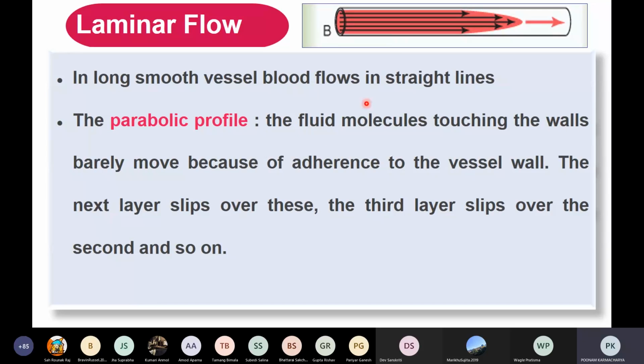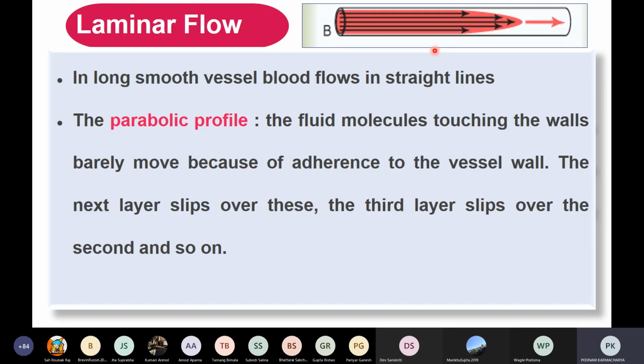The fluid which is touching the wall, right? They barely move because of adherence to the vessel wall, right? And the next layer slips over this, and the third layer slips over the second, and so on. And because of that, they form this parabolic profile. And this kind of blood flow is considered to be a smooth blood flow or the laminar blood flow.